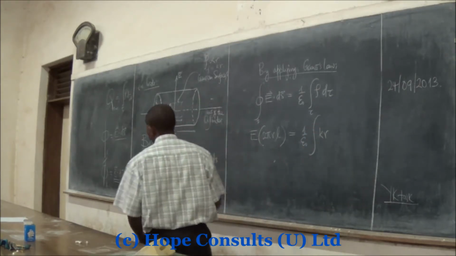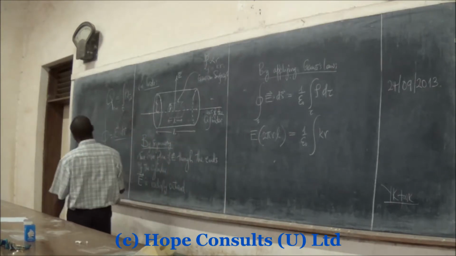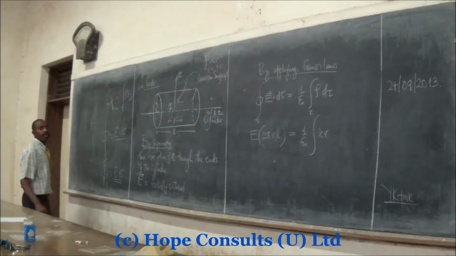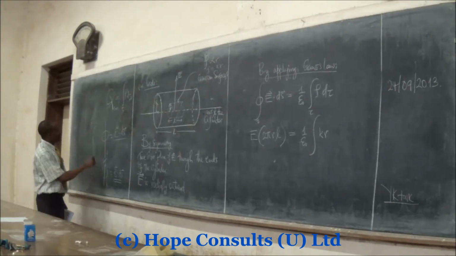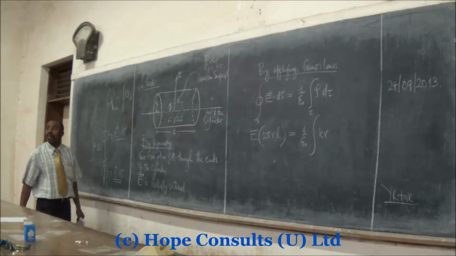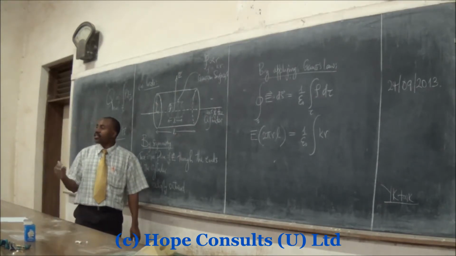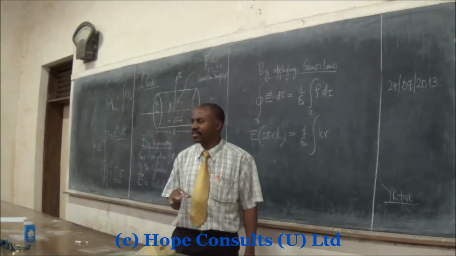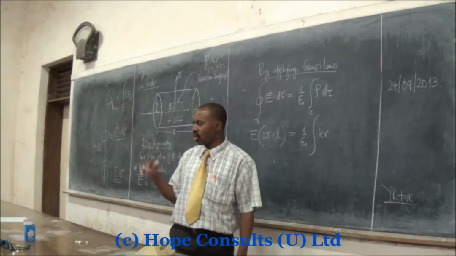In the book, you'll find that you are integrating from 0 up to r, and then kr d tau. From your mathematical physics, what is d tau equal to in cylindrical coordinates?